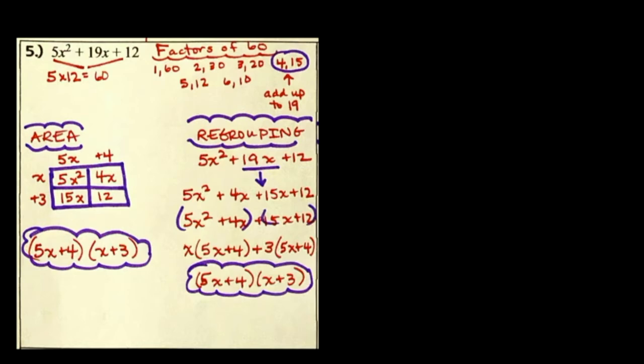So the one that you used was the 5 and 12, which 5 times 12, I agree, is 60, but 5 plus 12 would give me the 17, and we actually needed this 19. So that would adjust these two middle terms because you used the area model. So instead of your 5x and 12x, what you actually needed there was a 15x and a 4x.